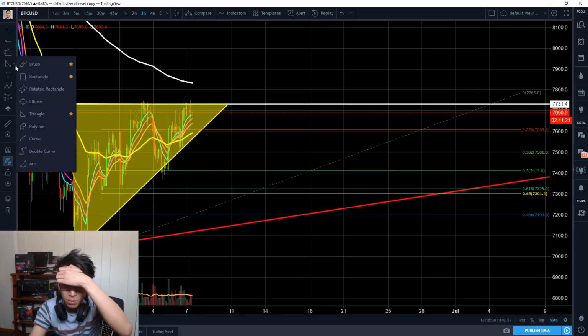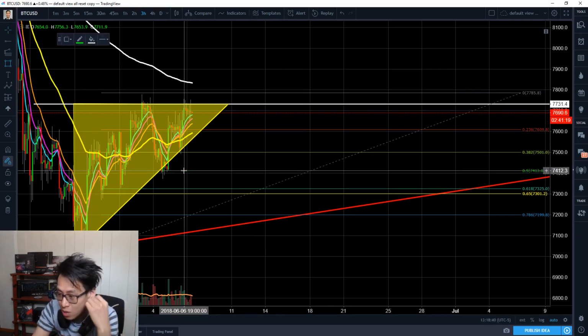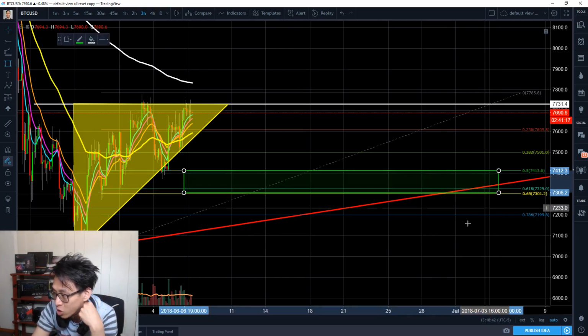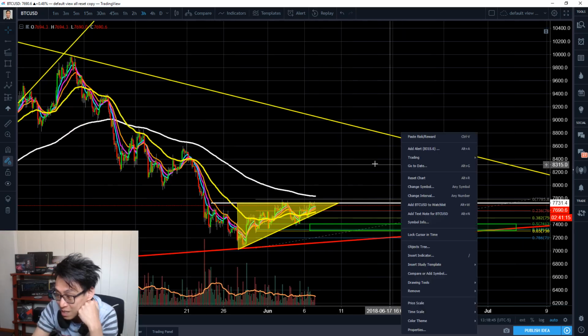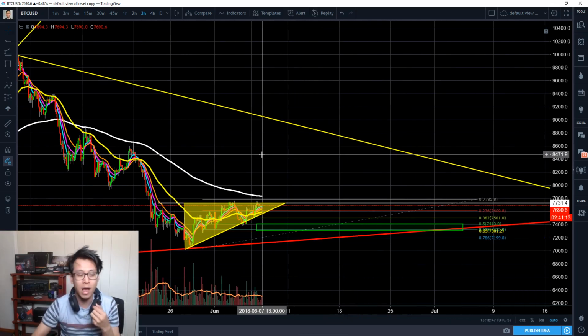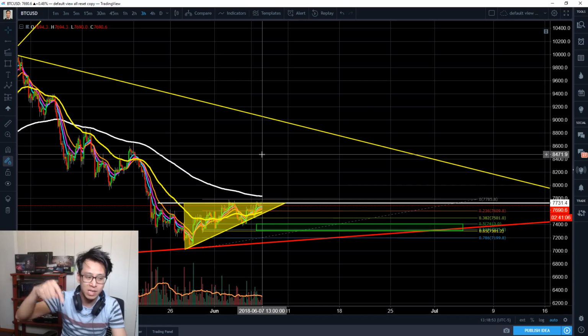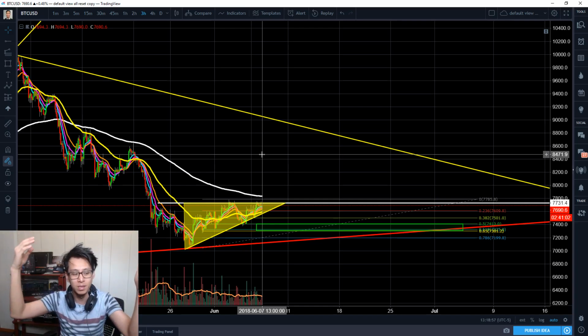And the best place that I plan to buy is anywhere between 73 to 7400. If that happens, fantastic. So think of it like a launch pad. Think of it like a launch pad where something that goes up needs to come back down and use it like a trampoline to propel itself back up even higher, right?